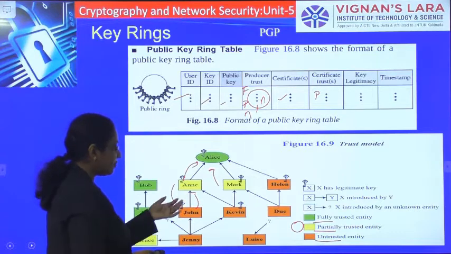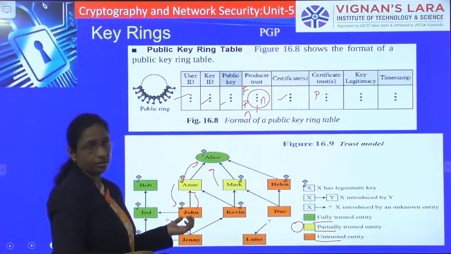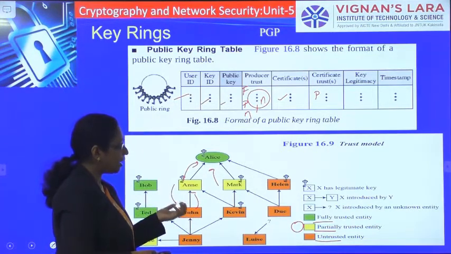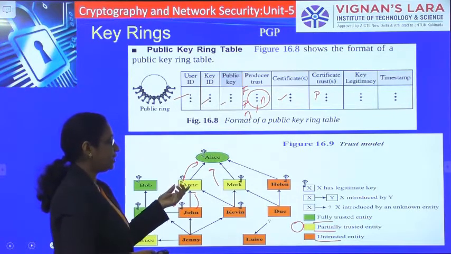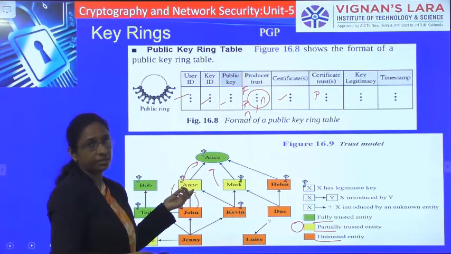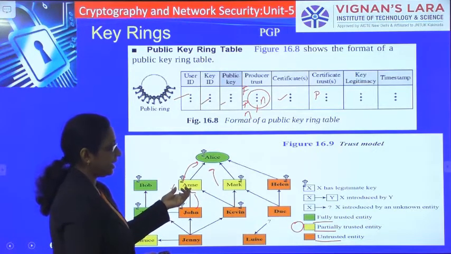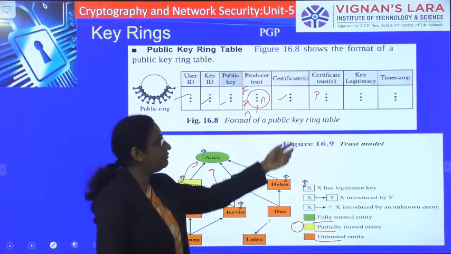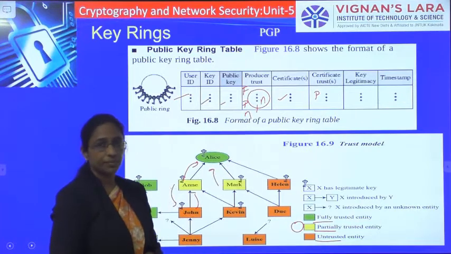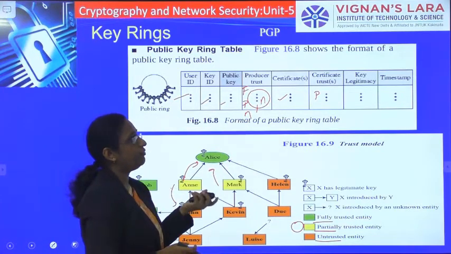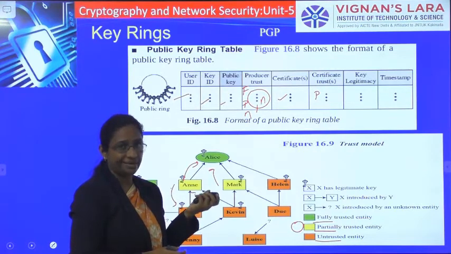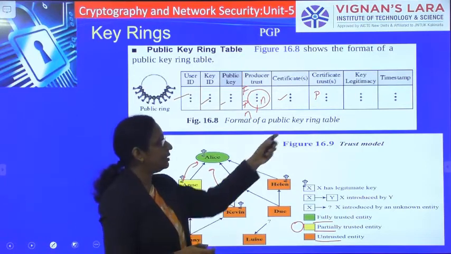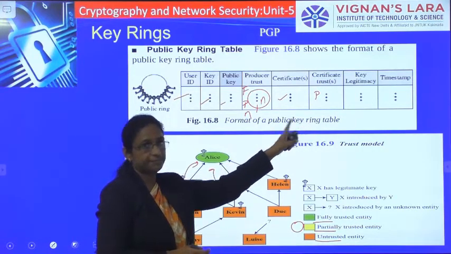If Annie has signed for this John, and Annie is partially trusted, then we will be writing P there. Whoever entity has signed that certificate, that entity's trust will be written at this place.